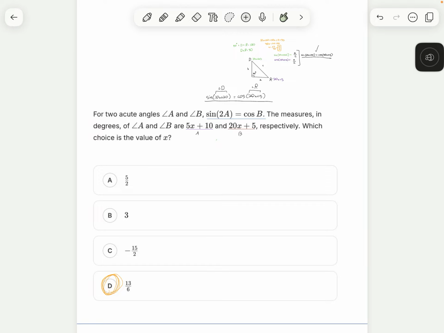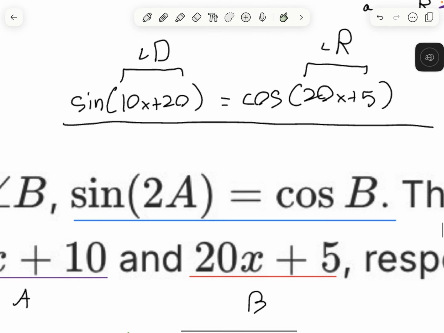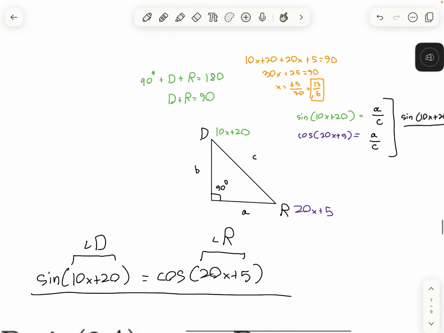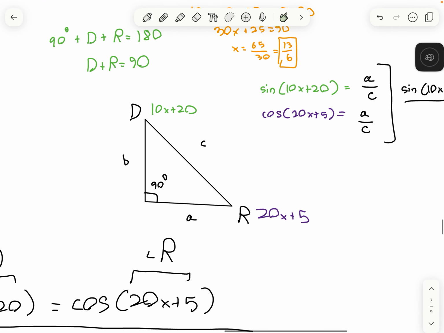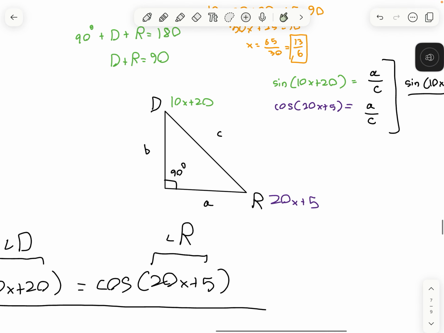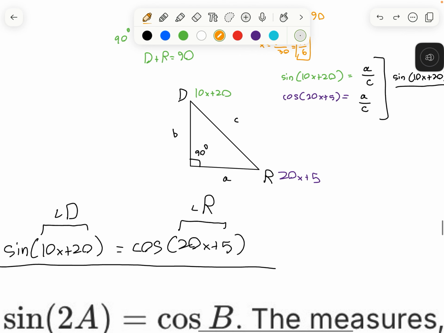So the key thing to realize in this problem is that after you plug the measures of angle A and B into this equation, you can draw a right triangle. Again, it might not be a right triangle, but you can draw it out and test if the equation actually holds true. What I mean by that is, what would sine of 10x plus 20 actually look like on this right triangle? If you use SOHCAHTOA, it would be A over C. Likewise, do the same thing for cos.